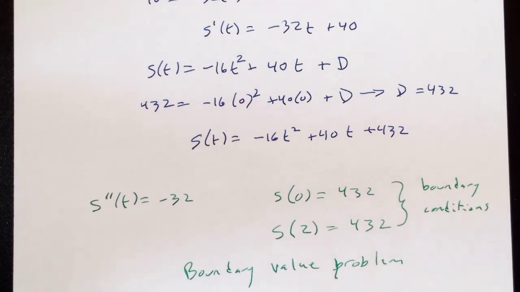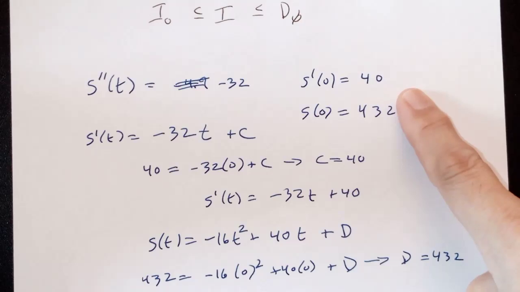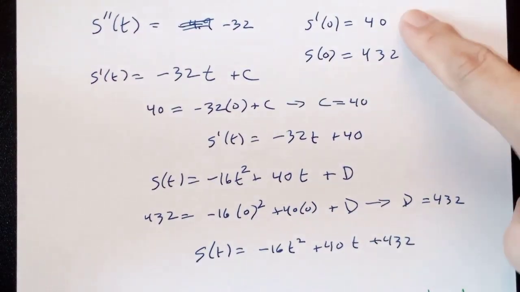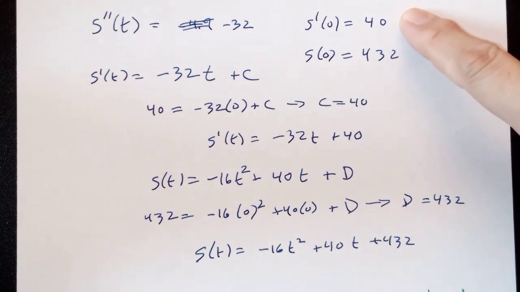Why are these conditions different? What does it mean for these conditions to be different than that one? What does the value of S prime of 0 mean in that problem? This one up here. I did say this was a physics problem. What does that represent? Velocity.